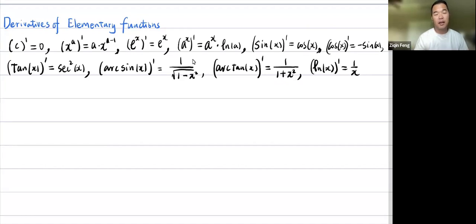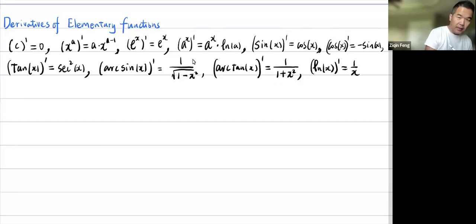So let's see a few more examples on how we apply, combining all the rules we have: product rule, quotient rule, chain rule, and also some methods, like logarithmic differentiation. Let's try to combine everything together to differentiate a few functions.